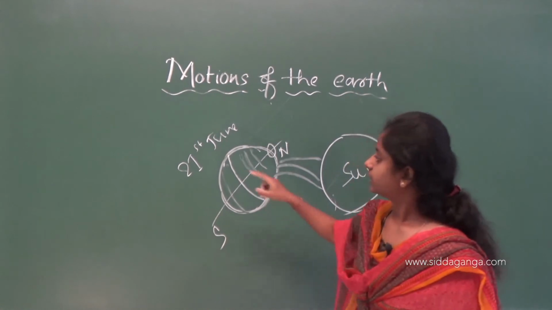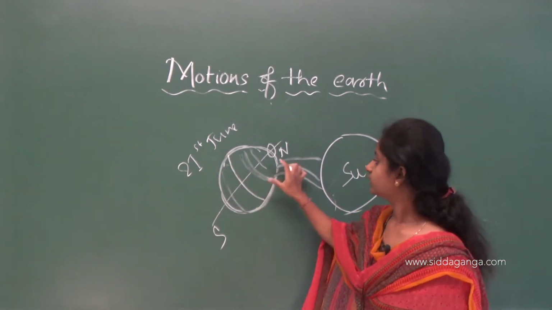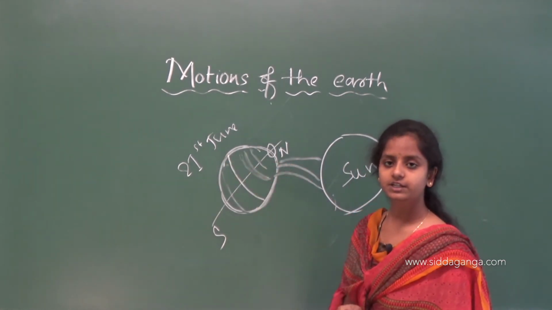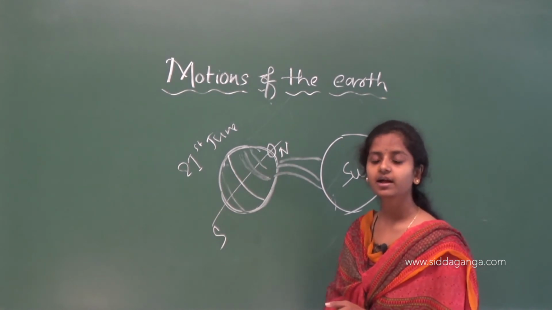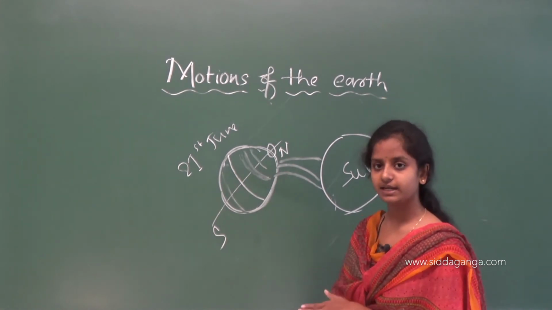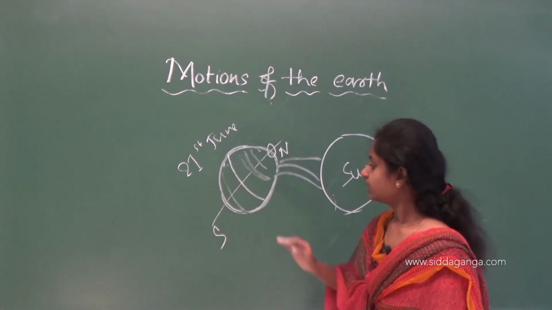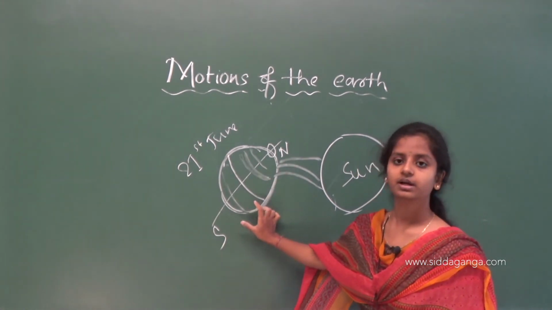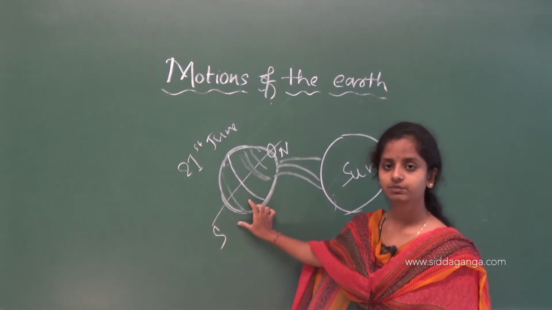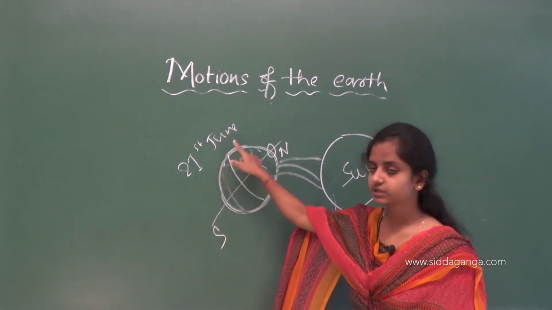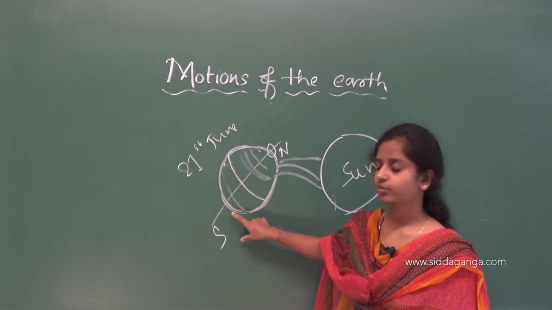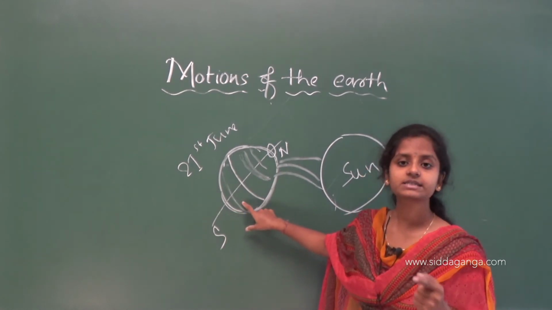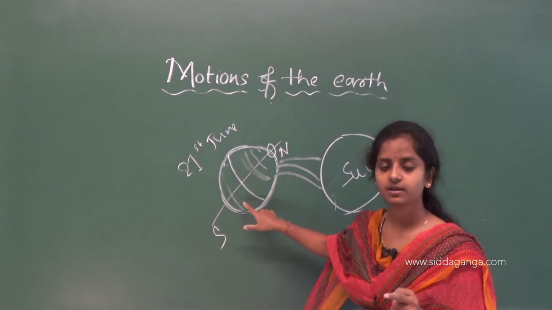And on this 21st June, here in the northern hemisphere, we experience the longest day and the shortest nights. Similarly, it is dead opposite in the southern hemisphere. In the southern hemisphere, it will be winter on 21st June, with the longest nights and the shortest days.